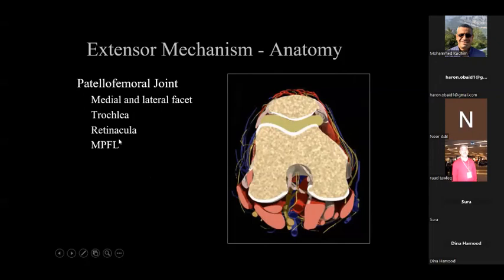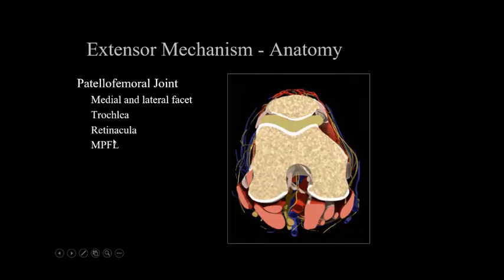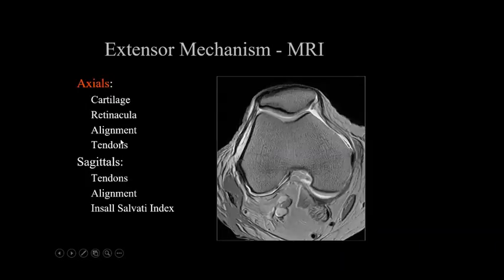The medial patellofemoral ligament is very important in any patient with lateral patellar dislocation. We should always comment on whether it is intact or not intact, because for orthopedic surgeons, it's quite important to comment on it in the report.